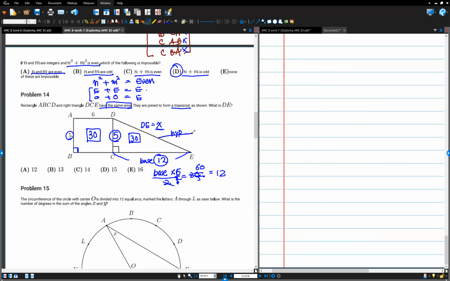What is this length? This length is called what? We did it yesterday, right? Victoria, do you remember? Pythagorean triple or right triangle triple: 5, 12, and 13. You don't need to work it out, or you can use the Pythagorean theorem: 5 squared plus 12 squared is 169, so it equals 13. We said right triangle triple or Pythagorean triple.